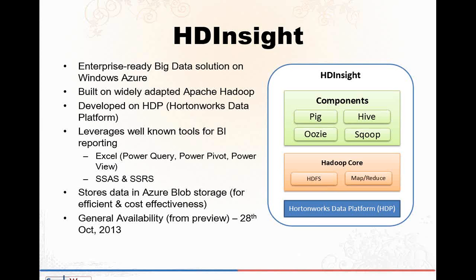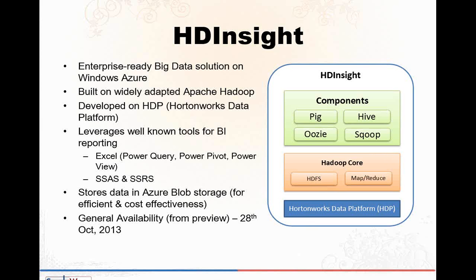Hive is a data warehouse, again open source from the Apache Foundation. These are available as part of the HDInsight service offered by Windows Azure. Oozie is a workflow scheduler offered on the Windows Azure platform for computing the big data MapReduce jobs.